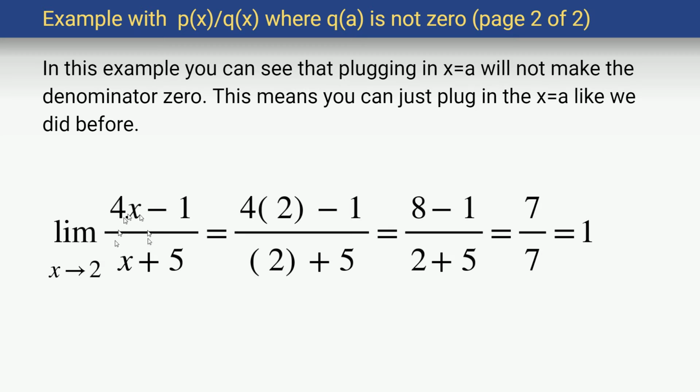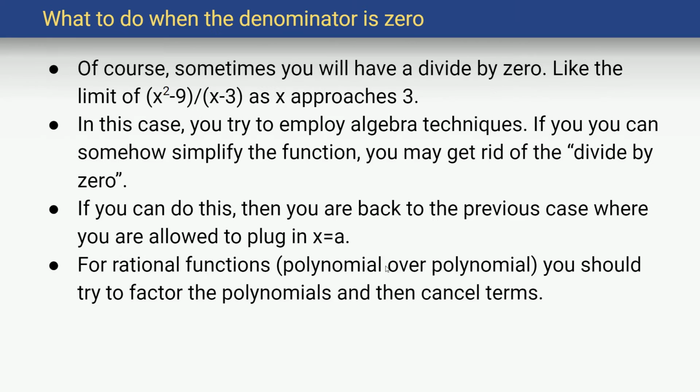Like on this last example, there's no divide by 0. Well, what if there was a divide by 0 and somebody fixed it, right? We wouldn't be able to tell. As long as we can get rid of the divide by 0, then we can just do what we did on the previous page and plug in x equals a.